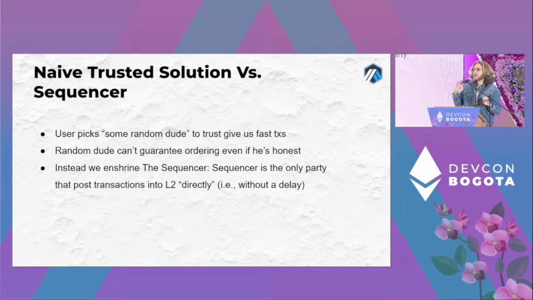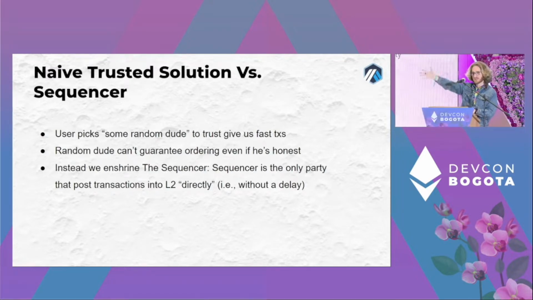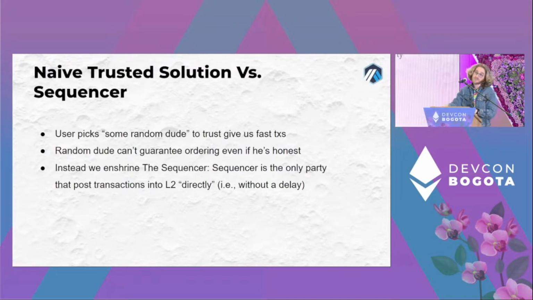The version of this that doesn't work, the naive solution, is you let a user trust whomever they want. So if a user just decides, I trust this random party, that party promises to include their transaction. Even if the party is trustworthy, this doesn't quite work, because that party can't really predict the future. Even if it thinks it will include your transaction in a given order, someone else might get there first.